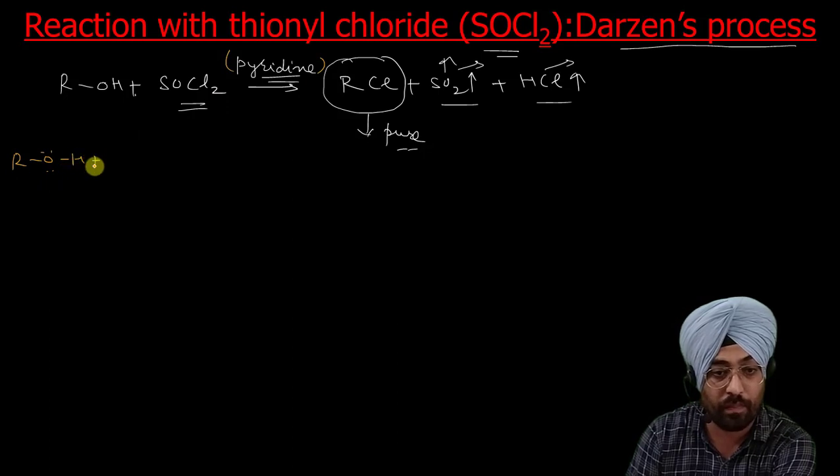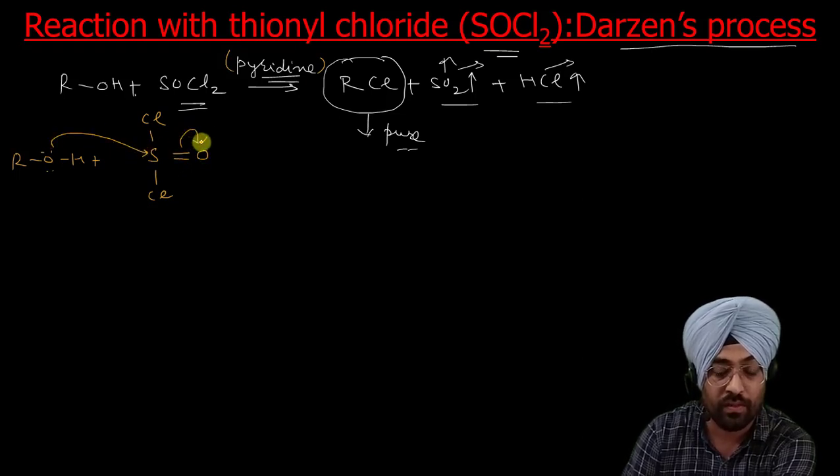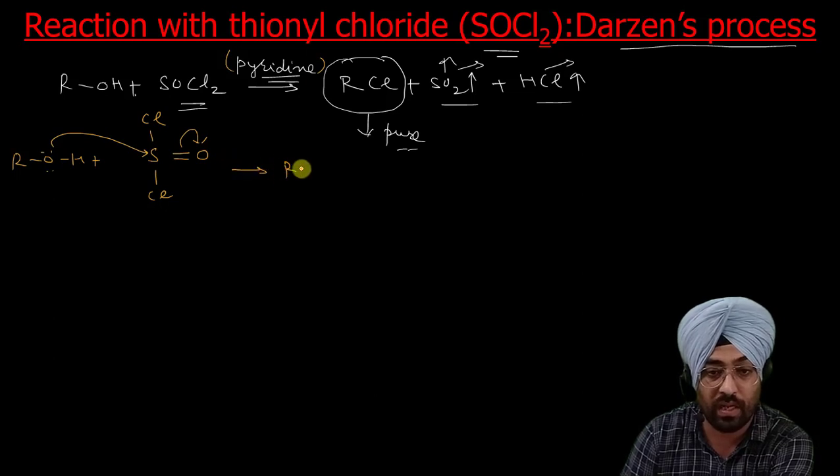ROH plus SOCl2, it can be written like this. The first step is similar to those earlier reactions, so it goes here. So this ROH gives the positively charged intermediate with S, Cl, and O negative.